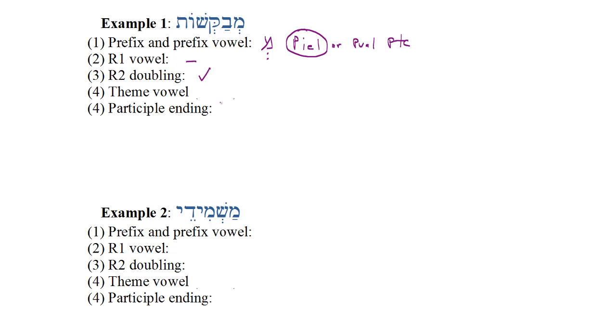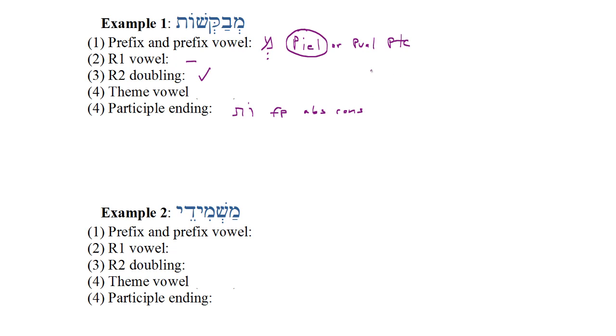The theme vowel reduces because of the ending. The participle ending here is ot, and that is our feminine plural, both absolute and construct.